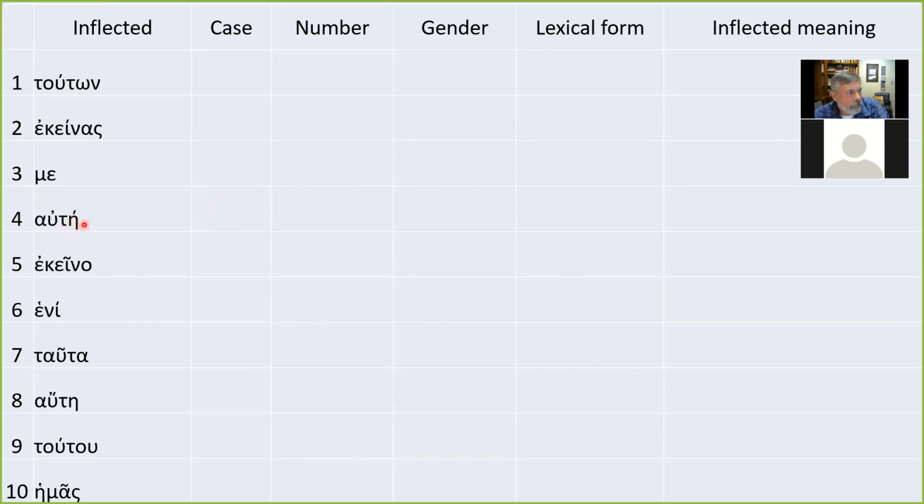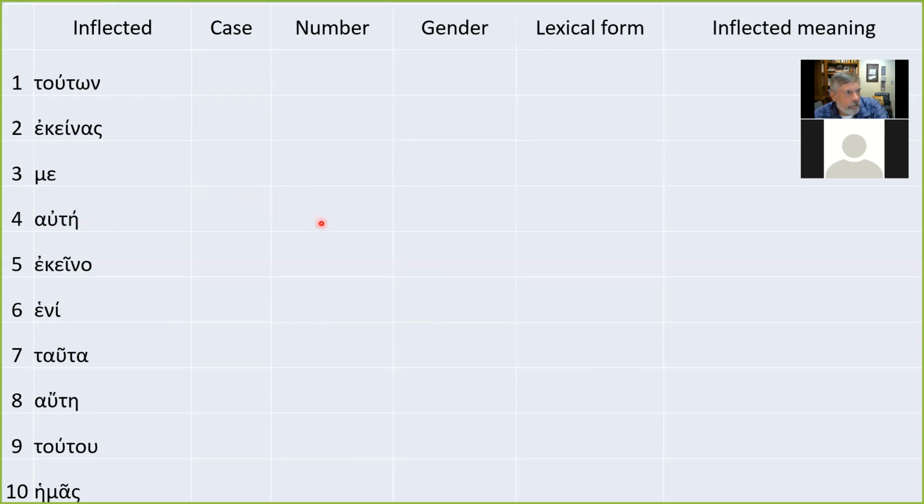Here's the key. We have the alpha stem ending with no case ending. So there's no case ending. We just have the stem ending with the alpha. Remember, an alpha or eta stem ending that has no case ending would function in the nominative case as a subject. So this is in the nominative case.